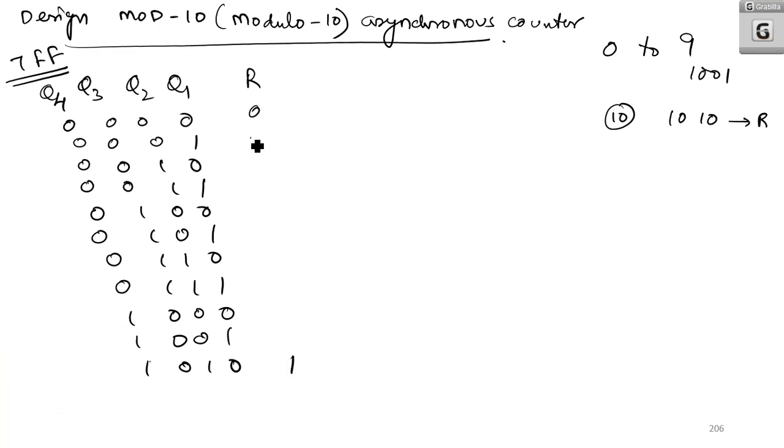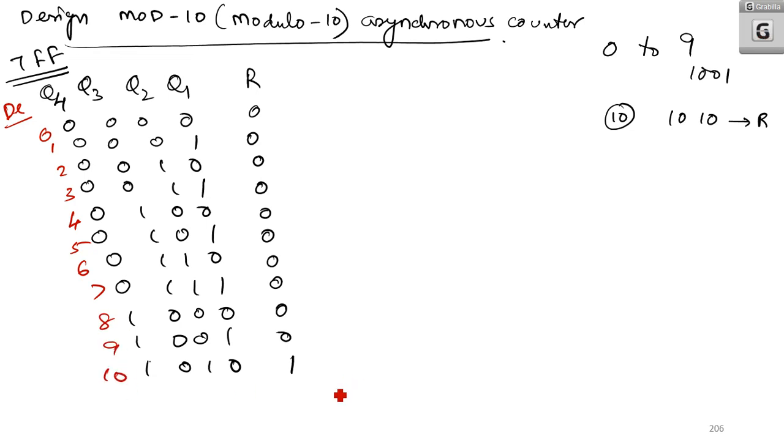We should have 0 in all other cases. And if you write the decimal equivalents here, you will get 0, 1, 2, 3, 4, 5, 6, 7, 8, 9, 10. At 10 reset is equal to 1. And for 11, that is 1, 0, 1, 1, you can make the reset a don't care. And from 11 up to 15, reset is don't care.